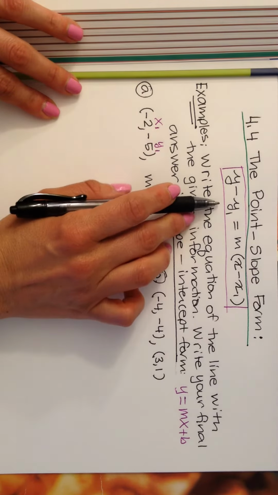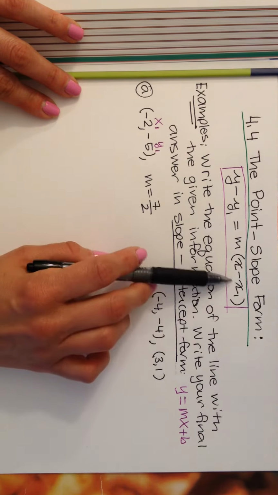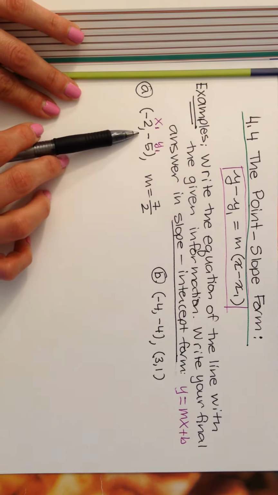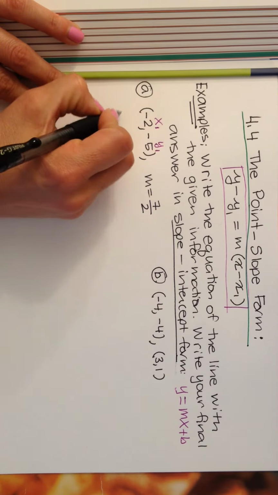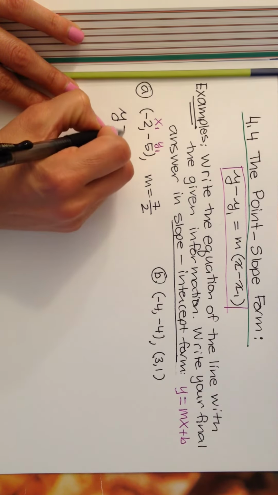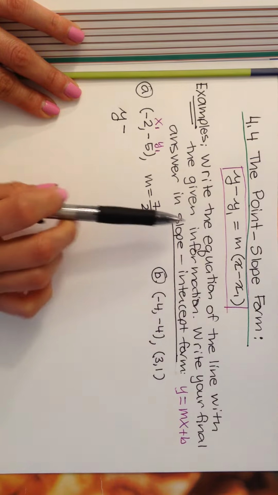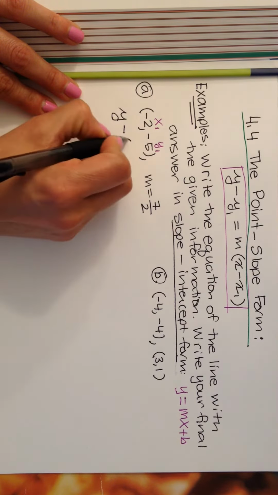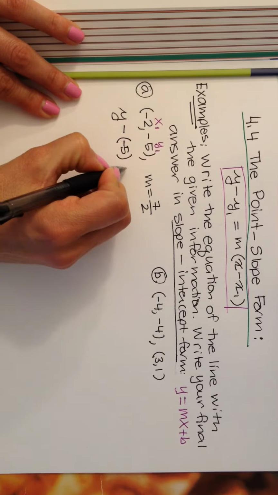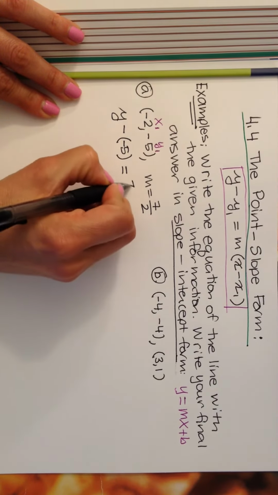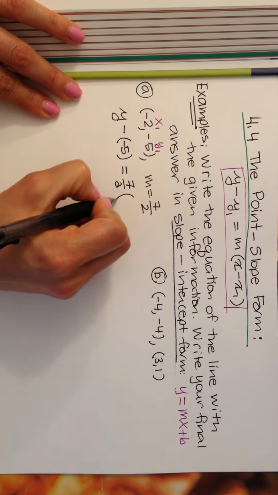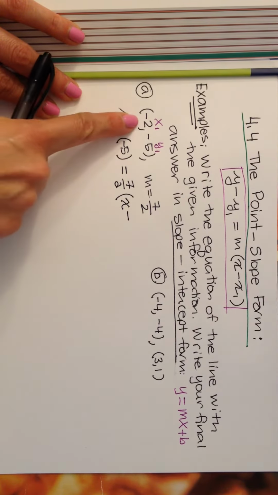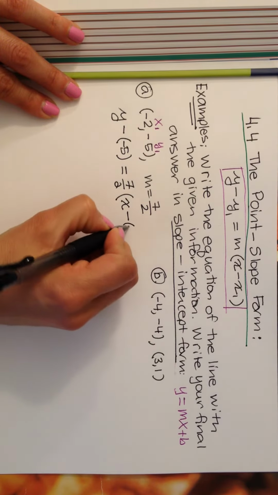Alright, so here's my formula. Be careful because we have minus, and then our coordinates are also negative. So when we input, we're going to write y minus, and then y sub 1 is negative 5, equals 7 over 2 times x minus x sub 1 is negative 2, so minus negative 2.